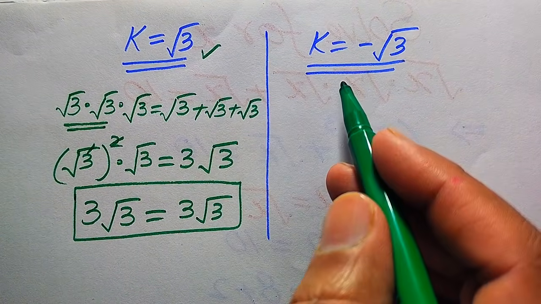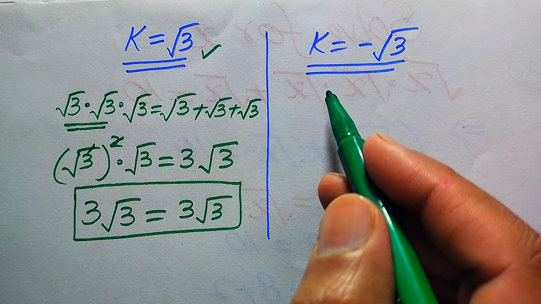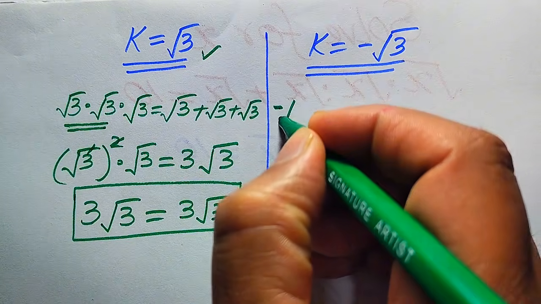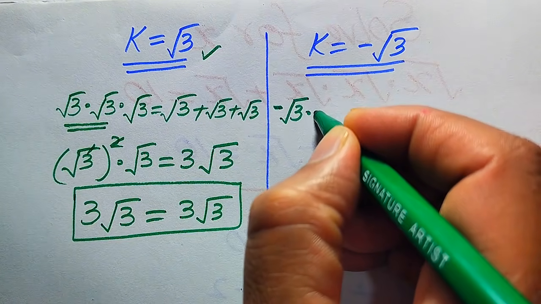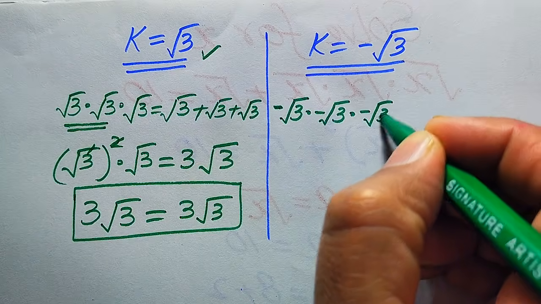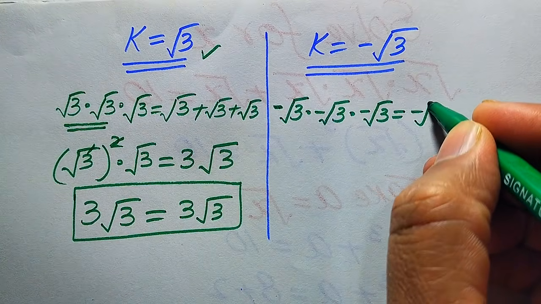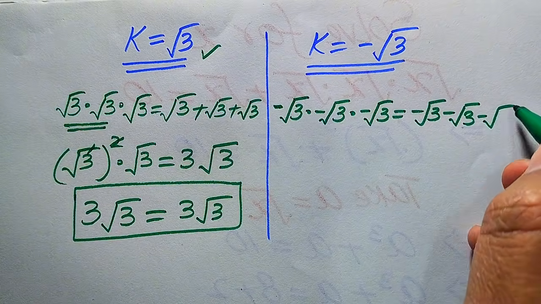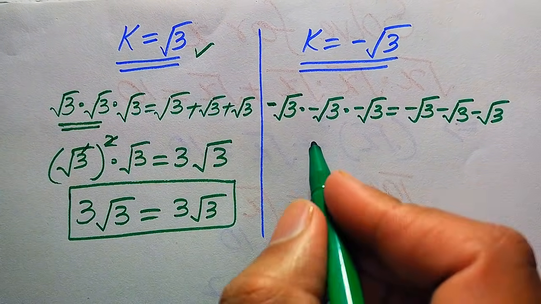And now in the same pattern, we verify the third value of k. When you put this value into the given question statement, it will be written as minus square root of 3 multiplied by minus square root of 3 multiplied by minus square root of 3 equals minus square root of 3 minus square root of 3 and minus square root of 3.